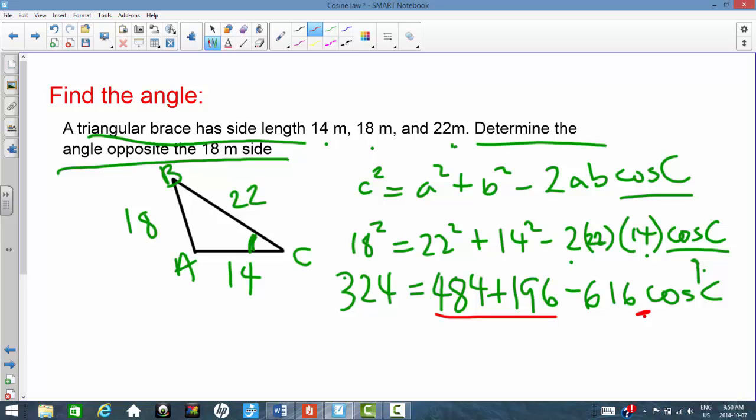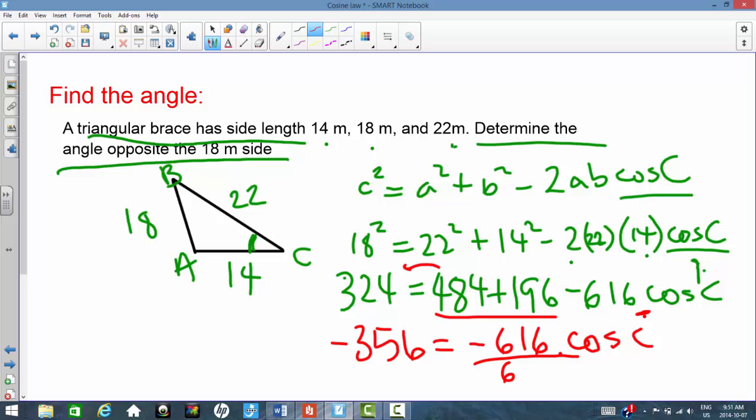Okay, so let's move these over by subtracting them. So I get 324 minus 484 minus 196, and that gives me negative 356 when I subtract these over there. And then that equals negative 616 cos C. Now I said this was multiplication, so the opposite of multiplication is division.